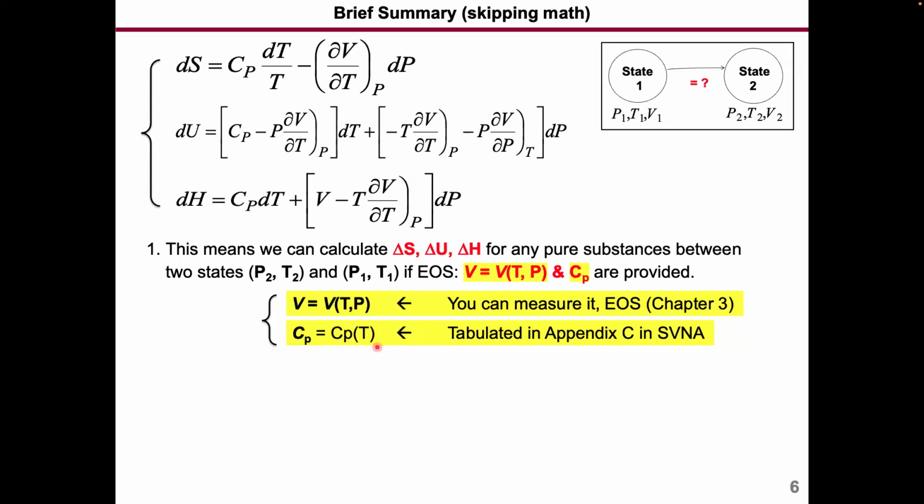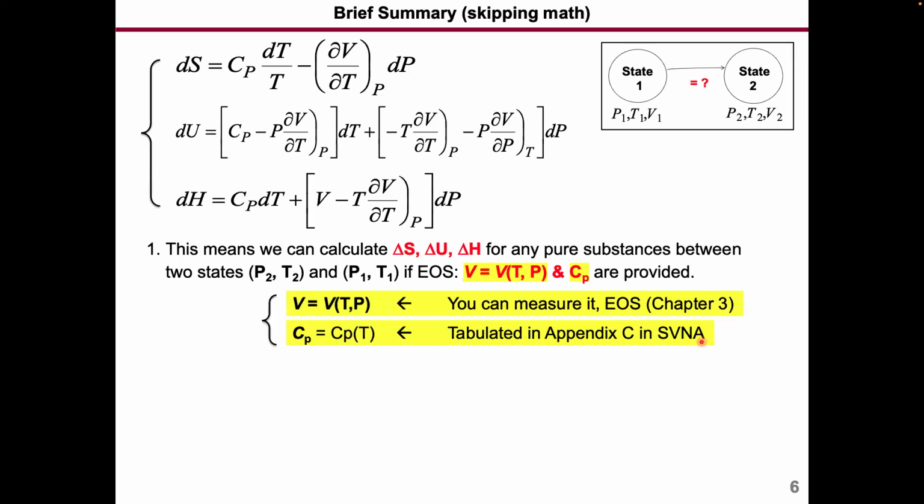Cv is equal to 1.5 times R for monatomic gases, for example. For real gas, you will have a T function. This Cp value is tabulated in Appendix C, and we will show you a screenshot in a moment.